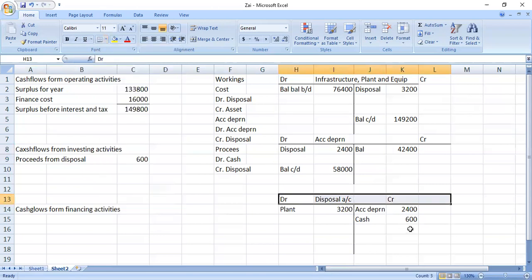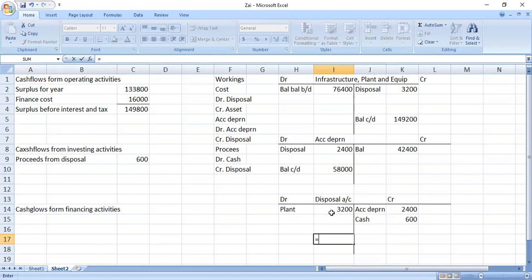Okay, so in balancing off, this side is small, this side is the big one. So we shall say total of 3.2. It will be the same total here of 3.2. Okay, so what is missing? What is missing is the 3.2 minus the 2.4, then minus the 0.6.